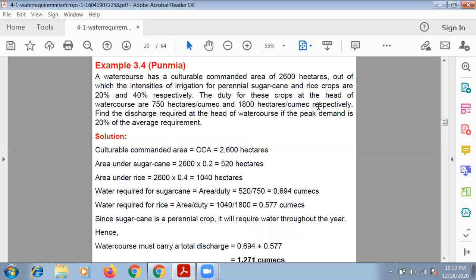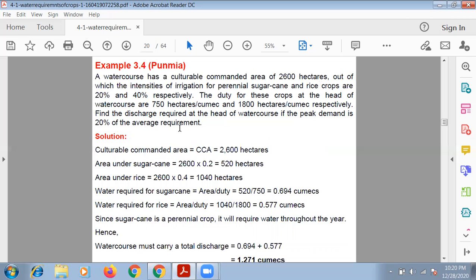The duty of these crops at the head of the watercourse are 750 hectares per cumex and 1800 hectares per cumex respectively. So 750 is for sugarcane and 1800 is for rice crops. Find the discharge required at the head of the watercourse if the peak demand is 20% of the average requirement.